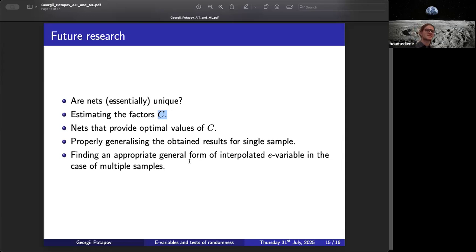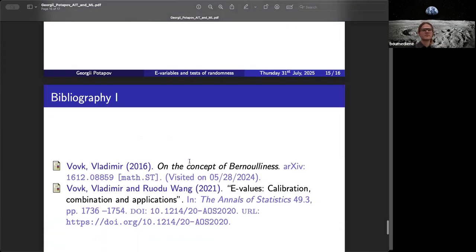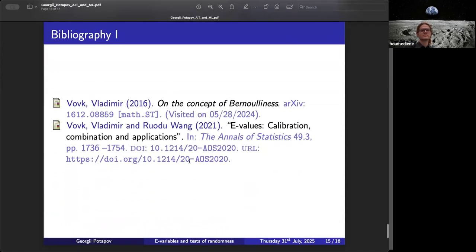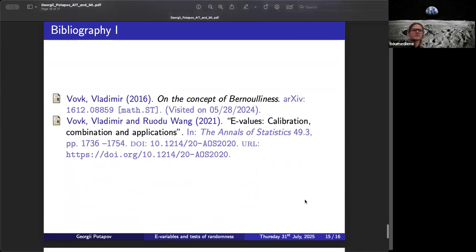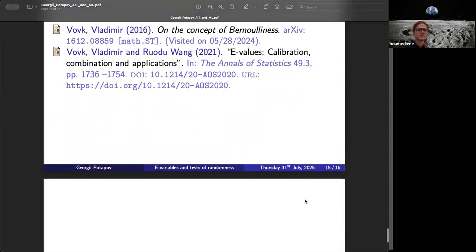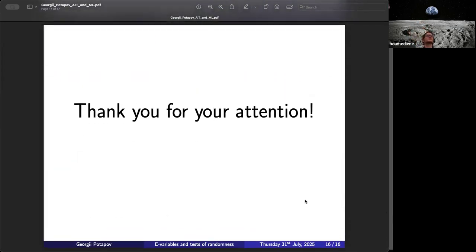And from this come all the results. Here's just some reference for the facts that I mentioned at the beginning of my talk. And I guess that's it. Thank you for your attention.